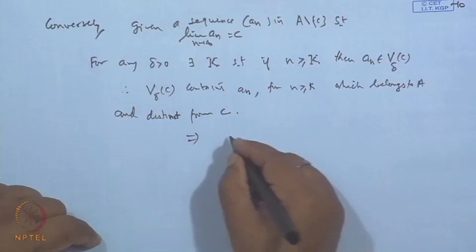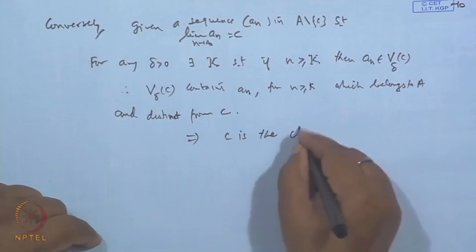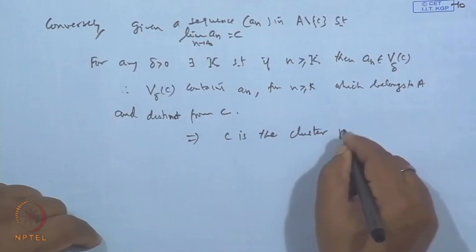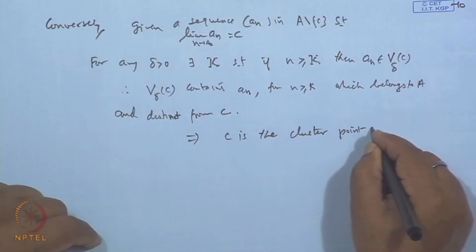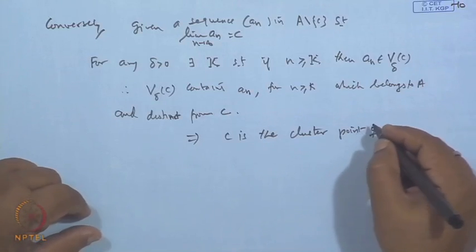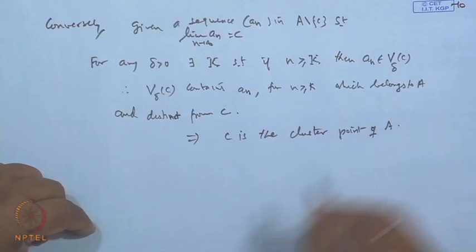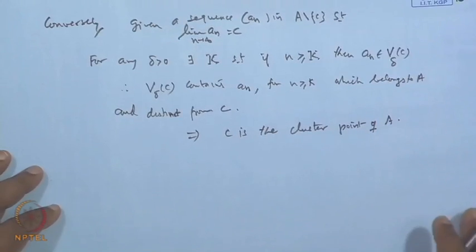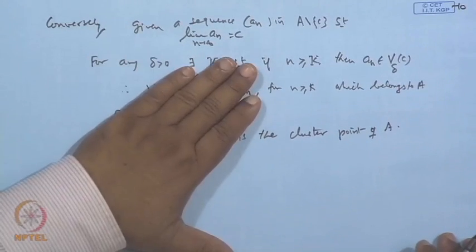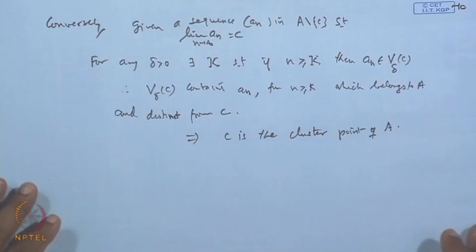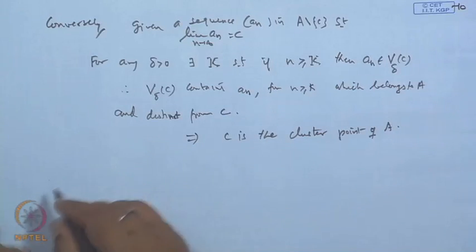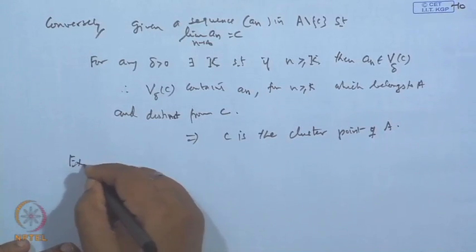So this implies that c is the cluster point of A, is it not? So c is the cluster point of A. That's one. It means in terms of a sequence also we can define the cluster point. Now, let us see a few examples.